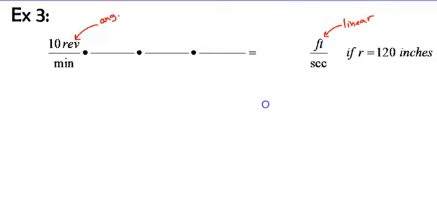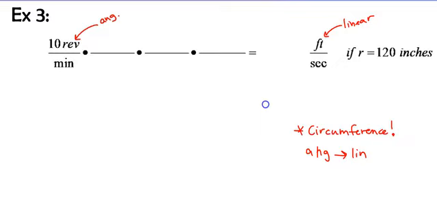So when that happens, anytime you are asked to convert from angular to linear or linear to angular, your brain needs to remember that at some point you need to do circumference. Okay, when you are switching, in this case, we are going from angular to linear. Okay, so I'm going to keep going the way that I normally do it, and then we'll get to that circumference piece when we're ready for it.